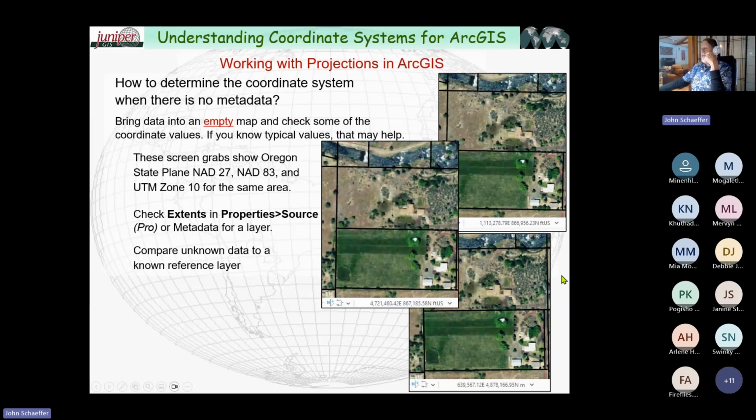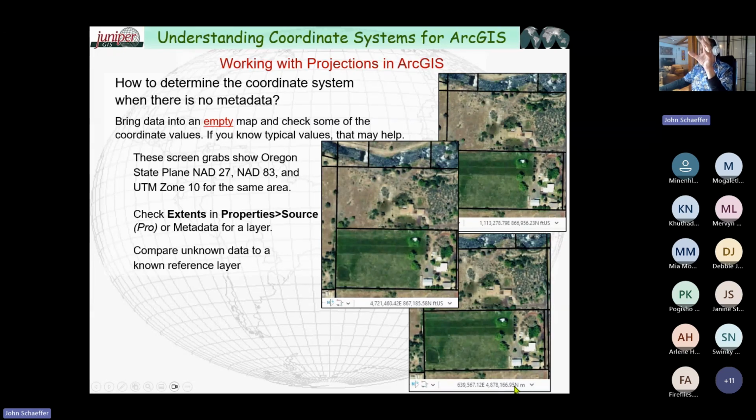Okay. And down at the bottom over here, I see 639 in my easting, but more important, I see 4,878,166.95 in my northing. And so I know this is a UTM zone. So remember, in a UTM in the northern hemisphere, 0 is the equator, and this is telling me I'm 4,878,166.95 meters north of the equator.